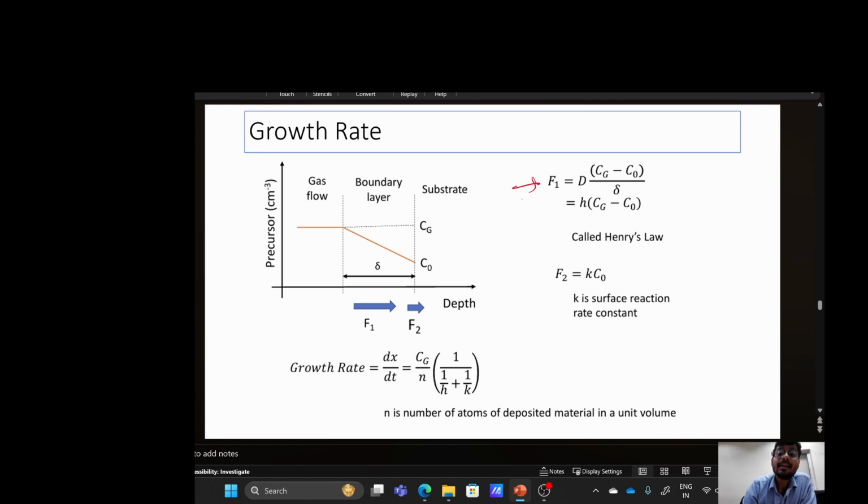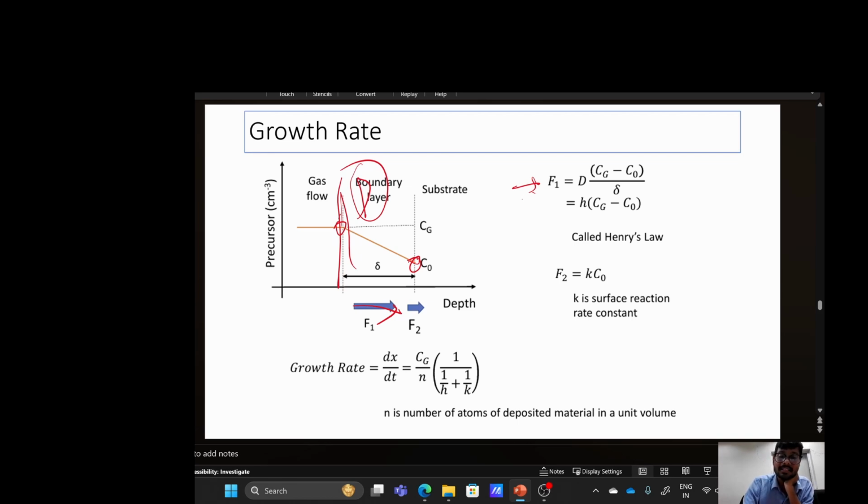Okay, so the growth rate will be, first F1, this flux, which is given by Henry's law. F1 is equal to the diffusion coefficient of the precursor times the concentration difference. Cg is the concentration of the gas at the boundary layer interface, and C0 is the concentration at the interface where the reaction is happening.